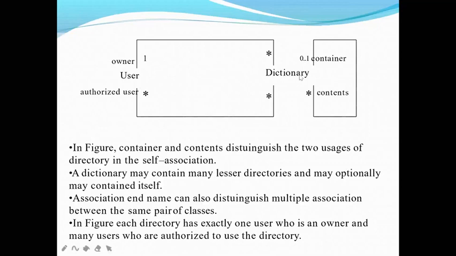Here there is the dictionary. This dictionary has two things: one is container, one is contents. This container can have multiple contents, or else, many contents can be available in one container. So all these varieties of things are there.